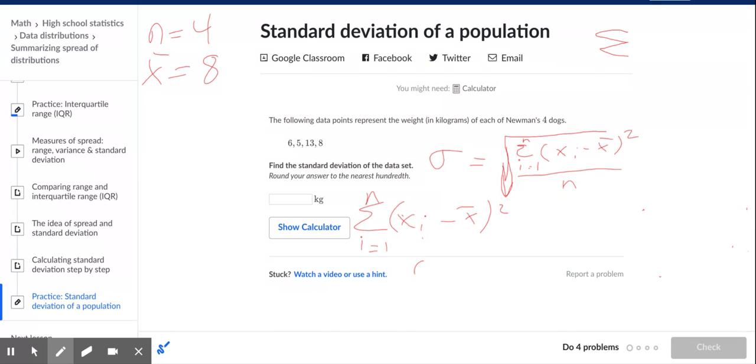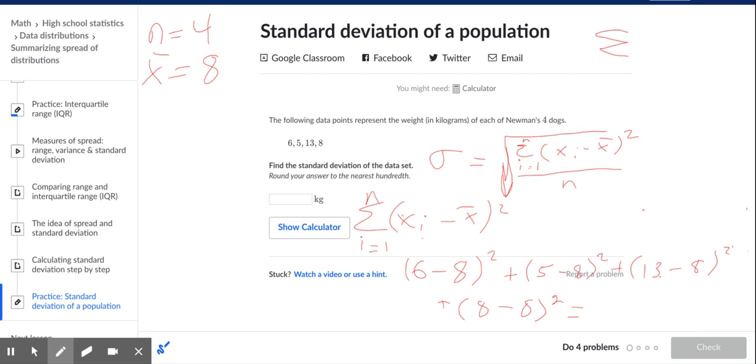So we have 6 minus 8 squared, plus the next number, 5 minus 8 squared, plus the next number, 13 minus 8 squared, plus the last number, 8 minus 8 squared. Oh, that's 0. That's nice.